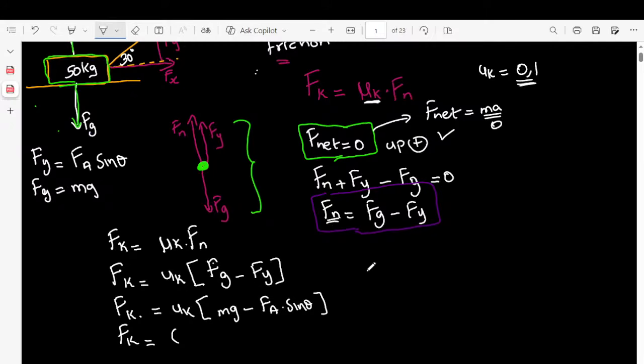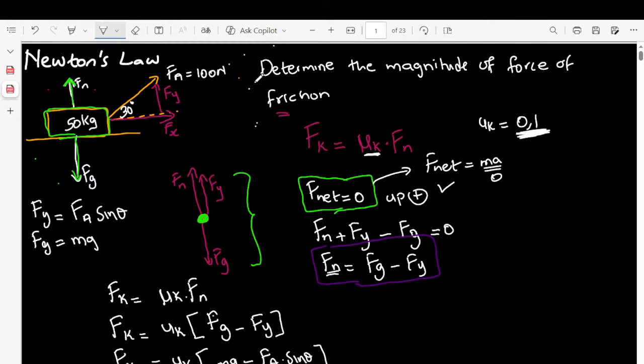So now we're going to substitute. Remember, the coefficient of kinetic friction is given as 0.1. I'm going to put this to be 0.1. Now inside the big bracket, what is the mass? It's given as 50. G is 9.8. We minus the F applied. Look at this, what was the F applied equal to? The F applied is 100 newtons.